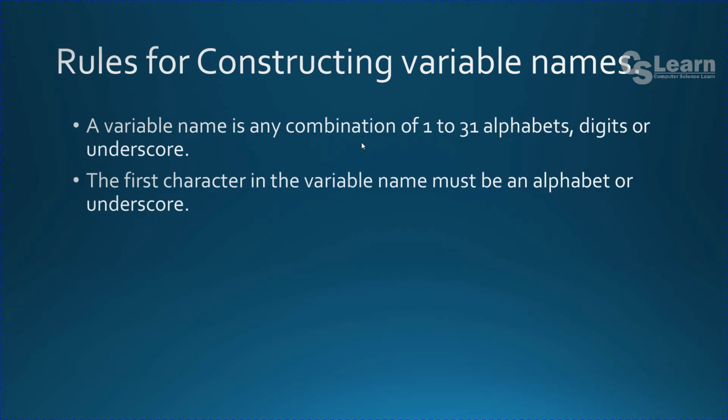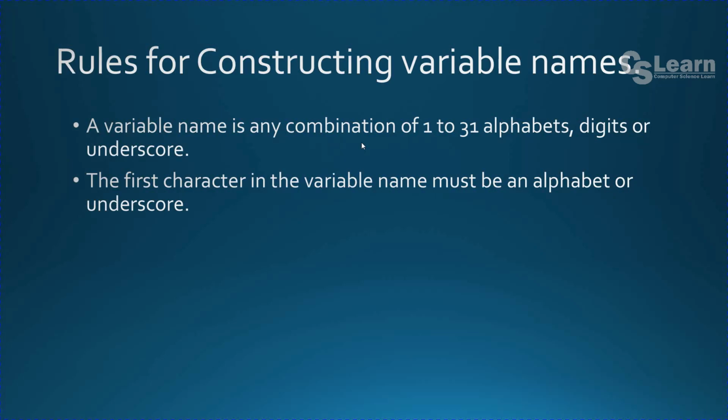The second rule: the first character in the variable name must be an alphabet or underscore. This is very important. You cannot start a variable name with a number.